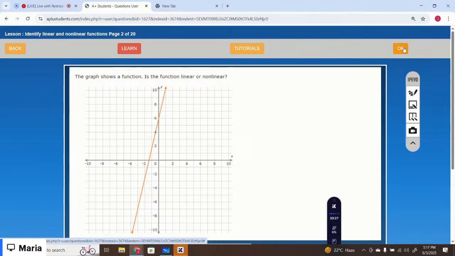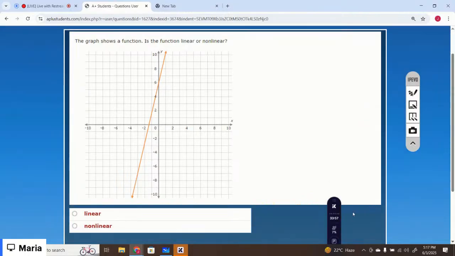Next, the graph is a straight line again, so that is a linear function. Option number one is the correct option.